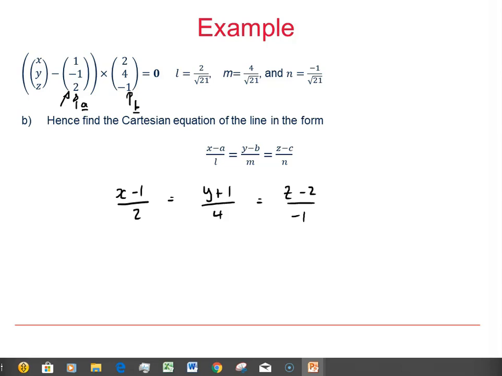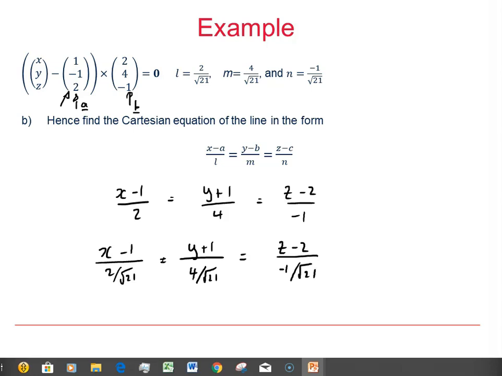What we need to do now is divide the denominators throughout by the length of b, which we found to be root 21. So this gives us x minus 1 over 2 over root 21 is equal to y plus 1 over 4 over root 21 is equal to z minus 2 over -1 over root 21.